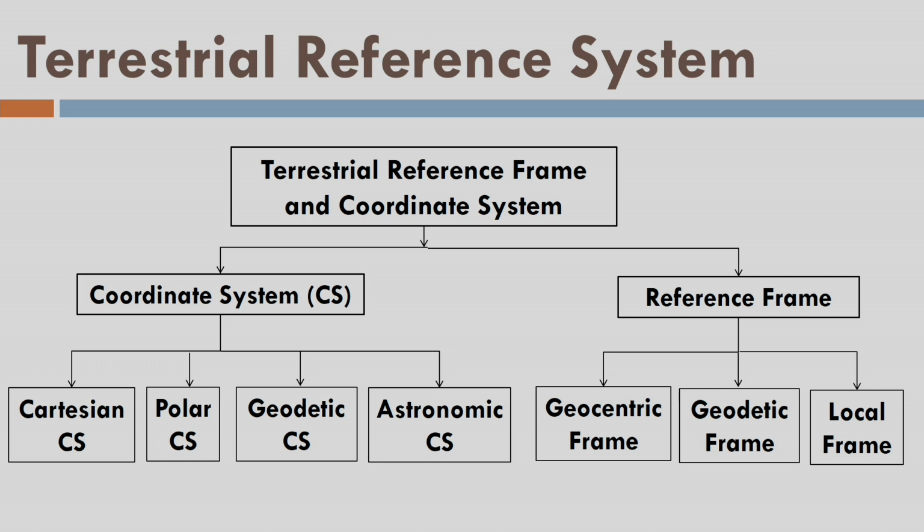We need to define a local frame in order to take observations on the surface of the Earth. Geodetic and geocentric reference frames are good for conceptualization, good to work around, good to imagine or calculate the 3D coordinates of a point in a global reference frame for large areas, but we still need to collect observations on the surface of the Earth, and for that we need to define a local reference frame.